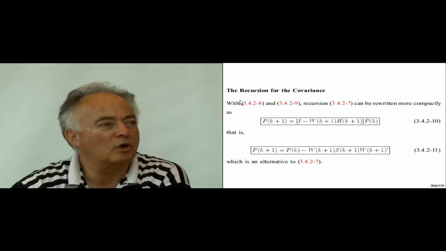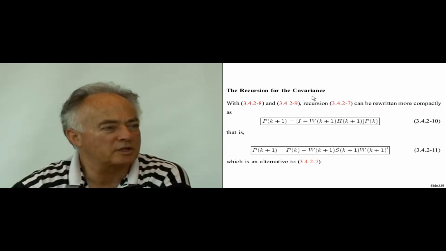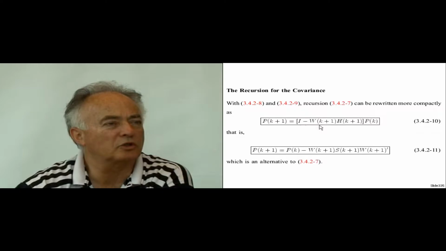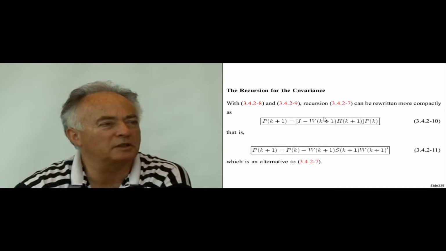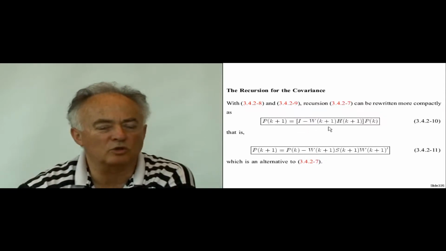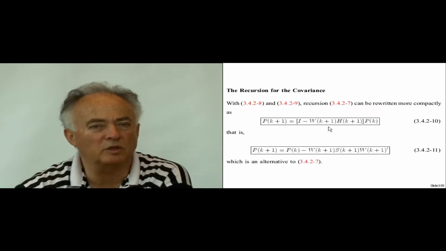Now, we go back to the recursion of the covariance, and we can write the most compact form of the covariance recursion. Equation 7 can be rewritten as P_{k+1} equals (I minus W H) times P_k. This is a compact form, but if you look at it, it does not look symmetric, even though it is symmetric.